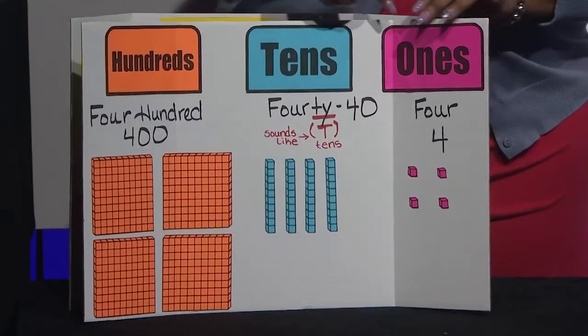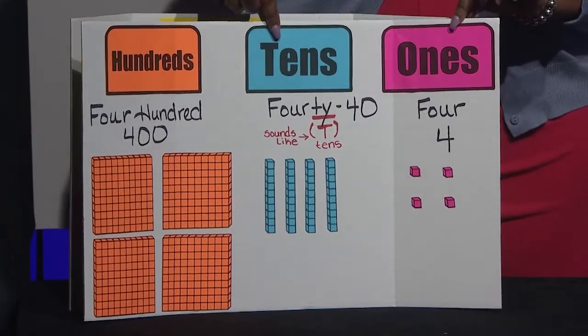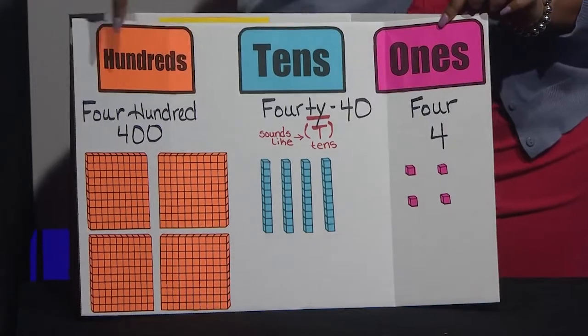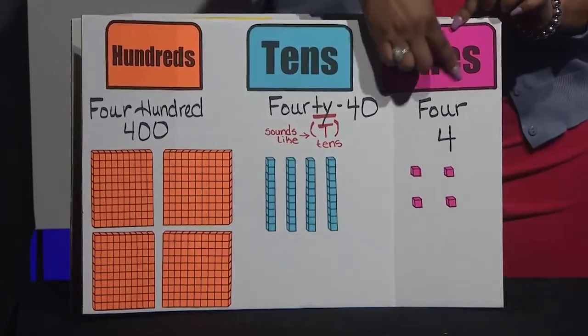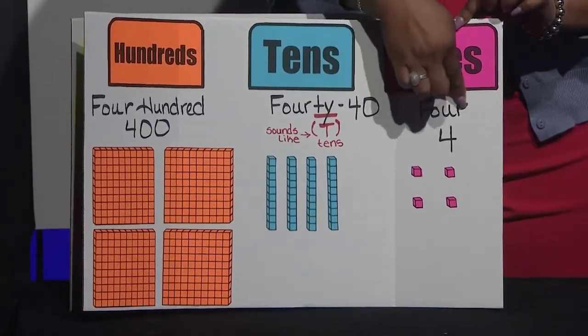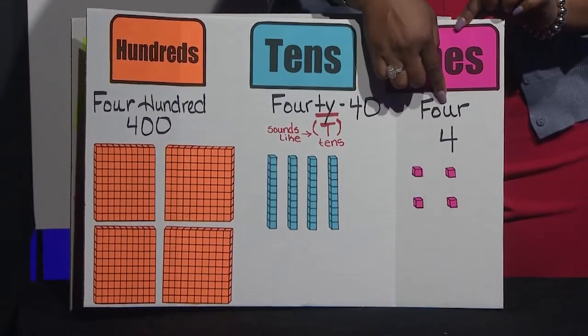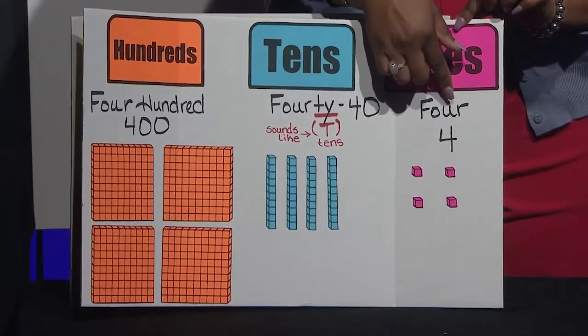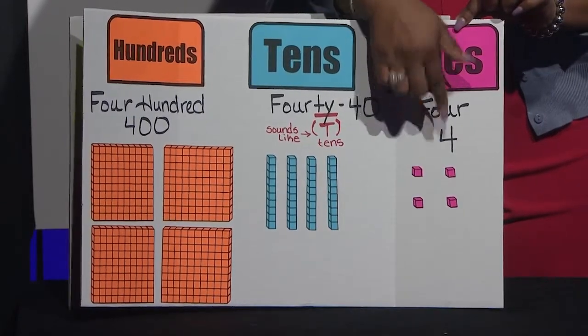So here I have my 1s, my 10s, and my 100s. My 1s is the number itself, 4.